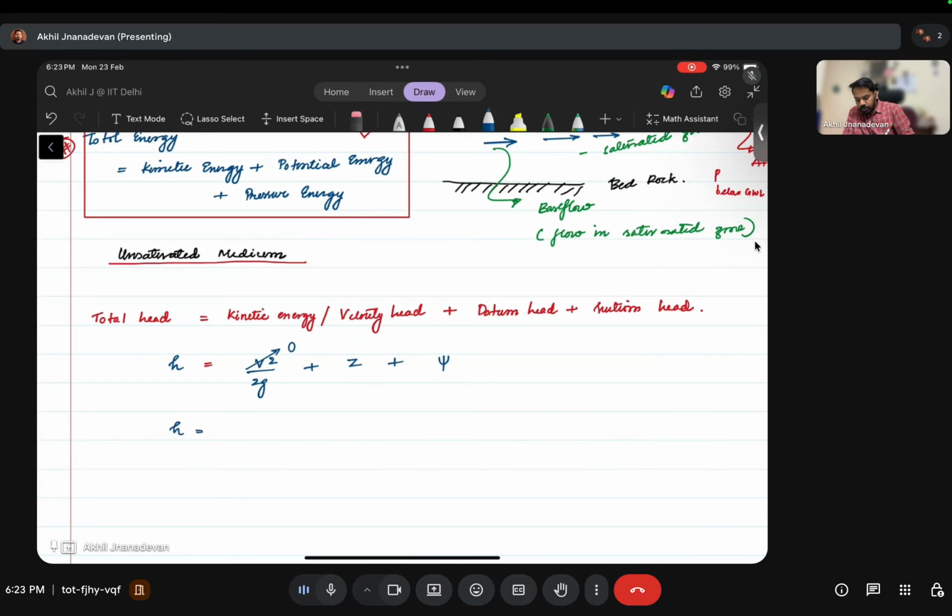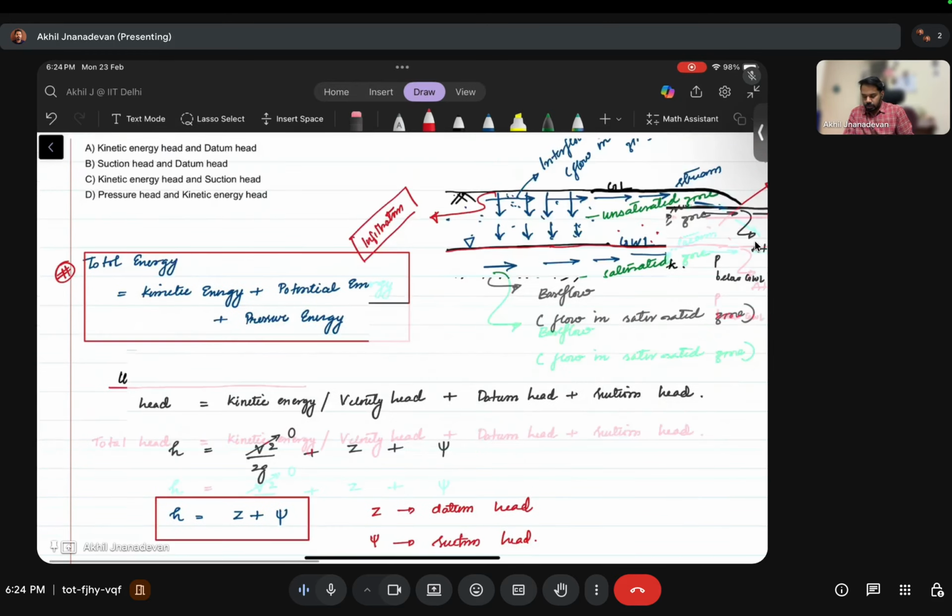So the total head will be the sum of z, the datum head, plus psi, the suction head. This is the head that is driving the flow in an unsaturated medium. Velocity is negligible, which is why we are not considering the velocity head.